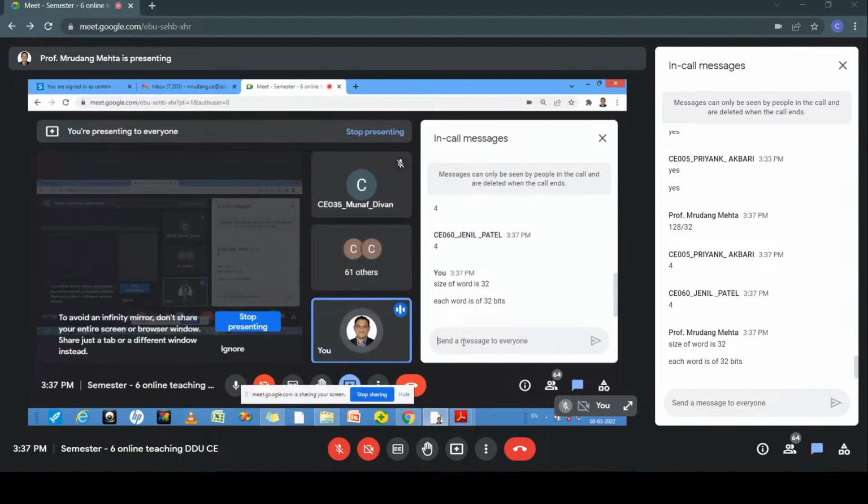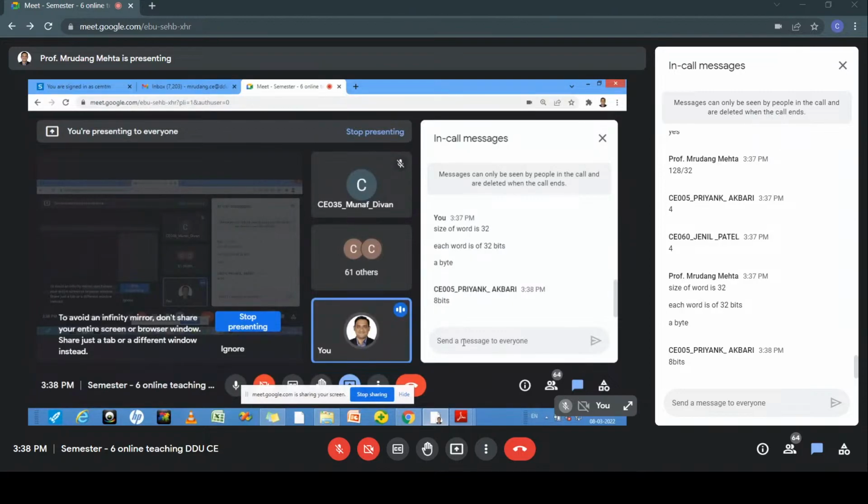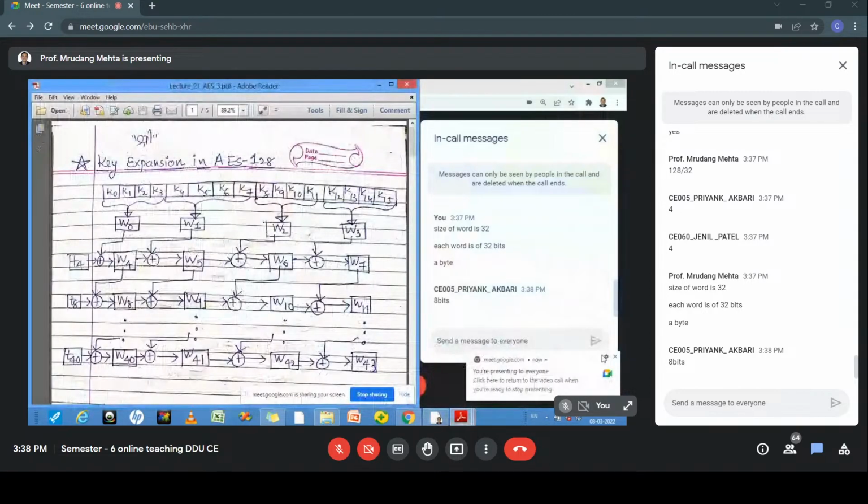We perform the operation in each round on a byte. What is the size of a byte? 8 bits. So here we are talking about operation on a word, which is 4 times the size of a byte.